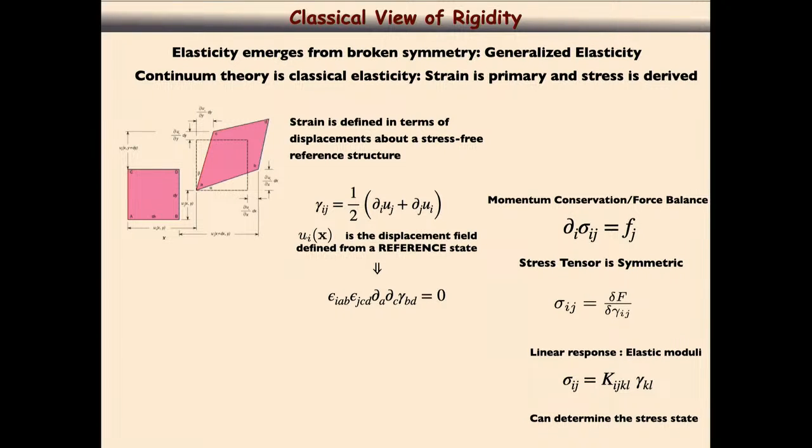And then in linear elasticity theory, we say linear response, so there's an elastic modulus that connects the stress to the strain. If I now want to determine the stress state of this system, to know the stress field everywhere, I have enough equations. In 2 dimensions, my stress tensor has 3 independent components because the stress tensor is symmetric.